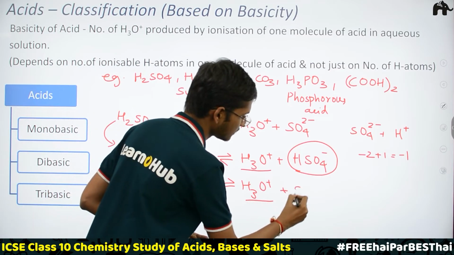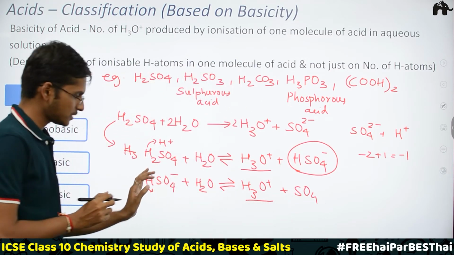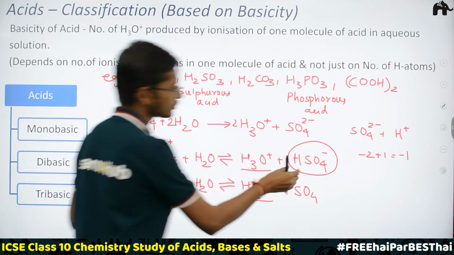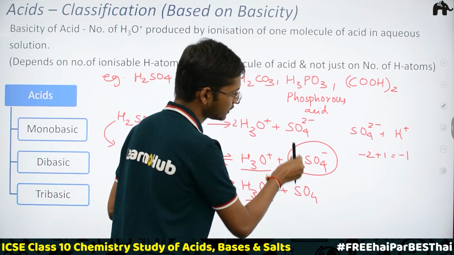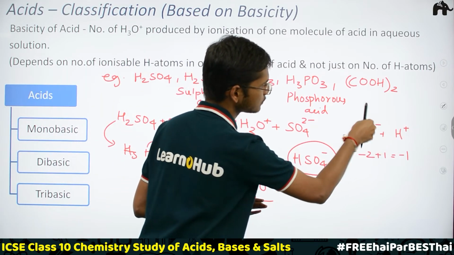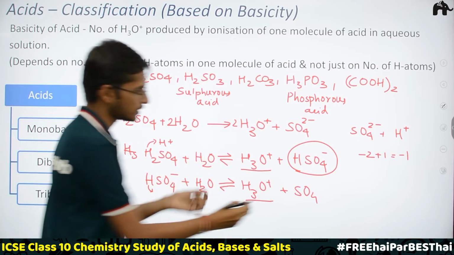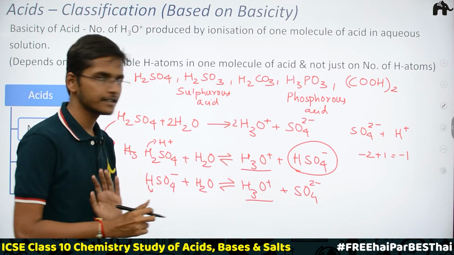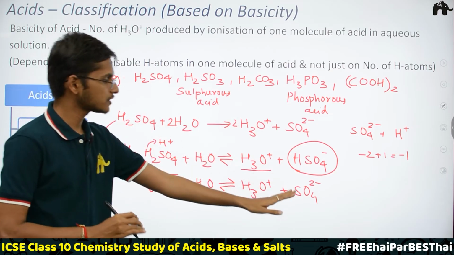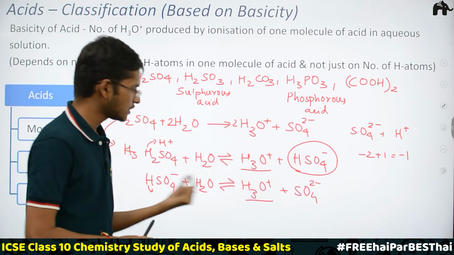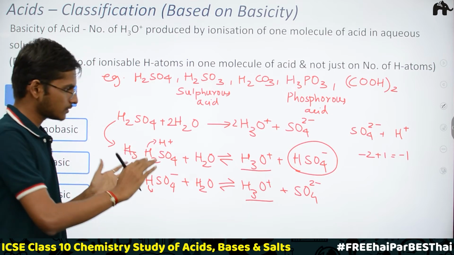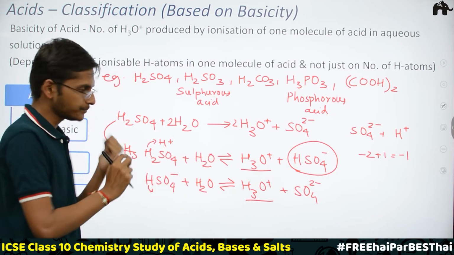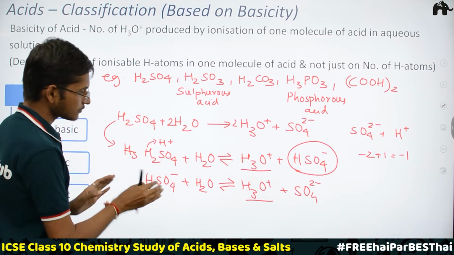SO4. We know HSO4 minus has one H plus; if it is gone, SO4 2 minus would form. And we also know SO4 has a 2 minus charge, so you can directly write it here, without applying the trick.